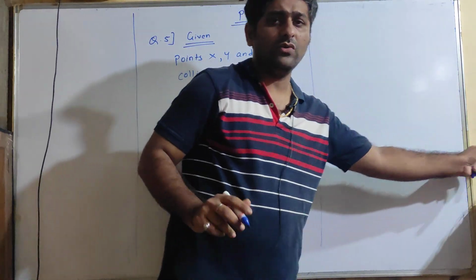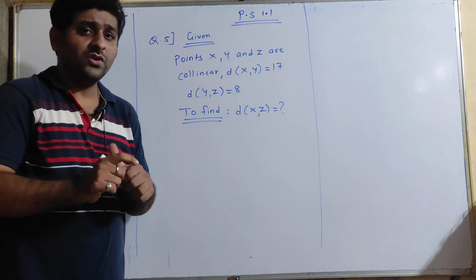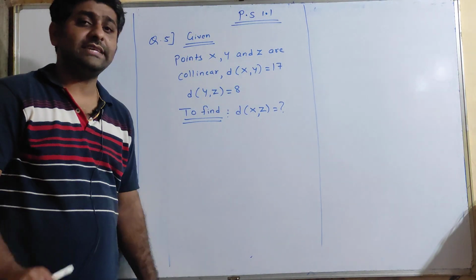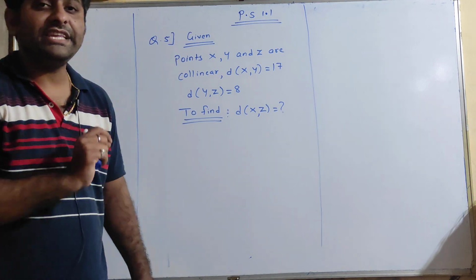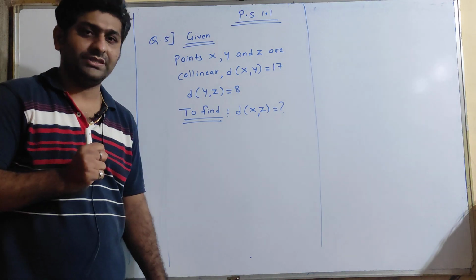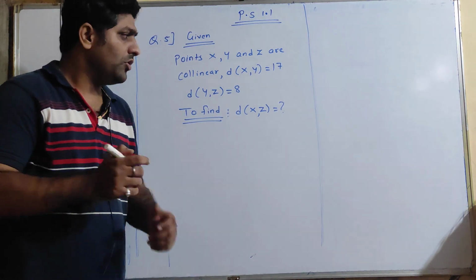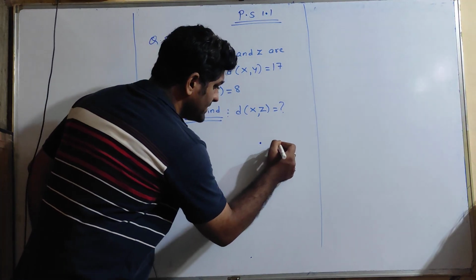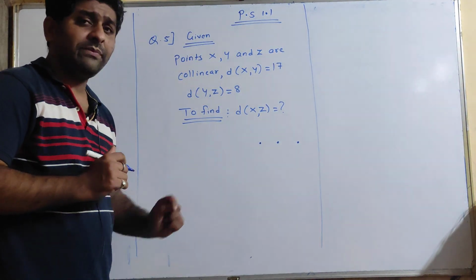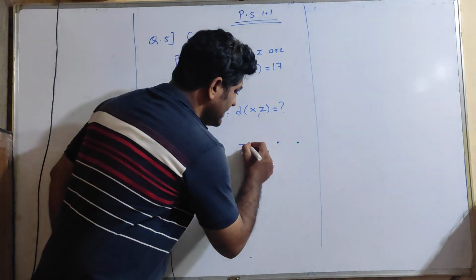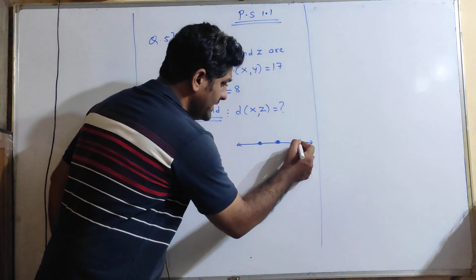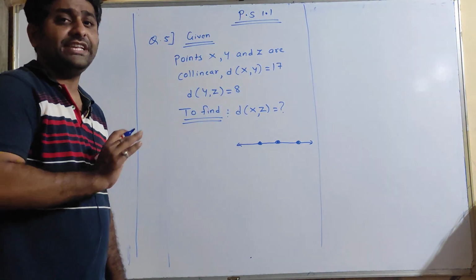Let's try and understand the question. First of all, what they have given us: points X, Y, Z are collinear points. Now what exactly do we mean by collinear points? If you have a set of 3 points and a straight line can pass through this set of points, then such points are termed as collinear points.